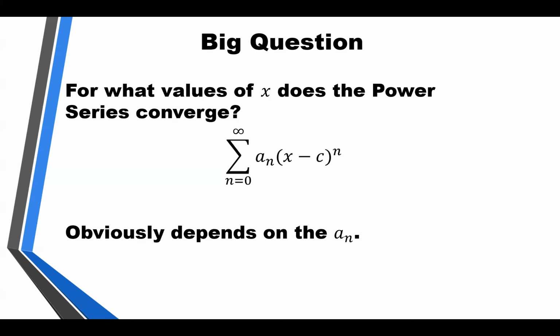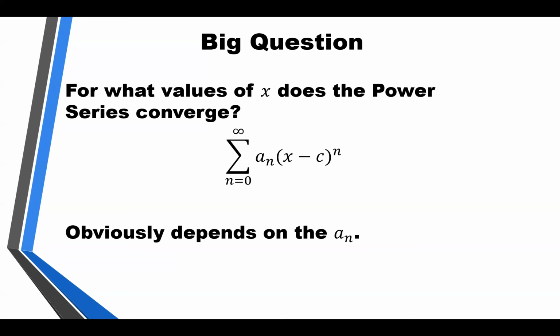We often say, what are the values where the power series converges? Or just when does the power series converge? When does the power series converge implies what values does the power series converge for?